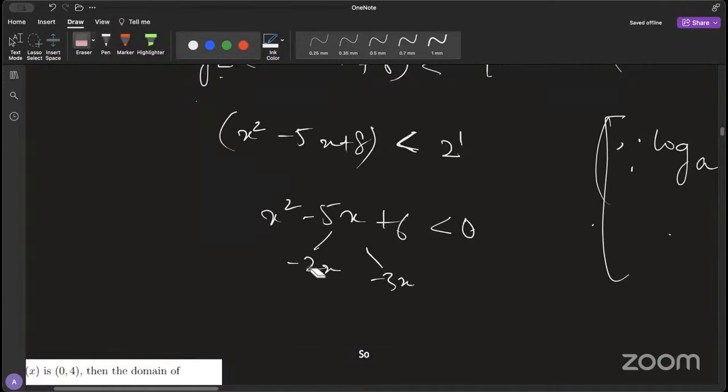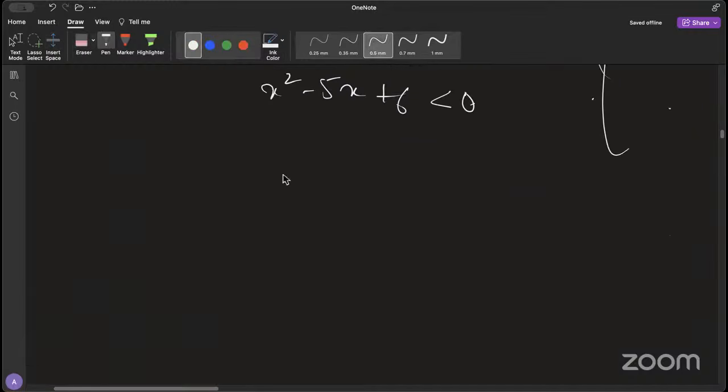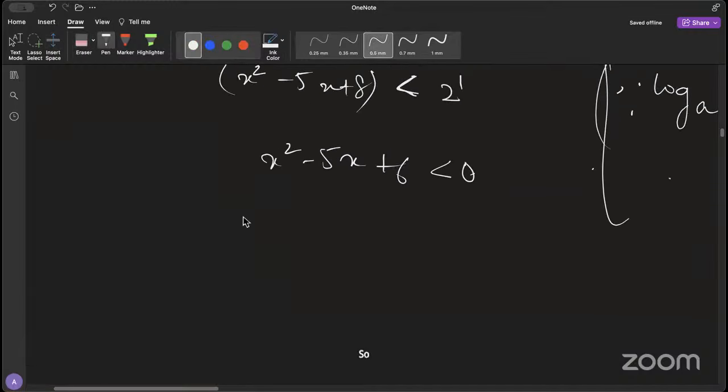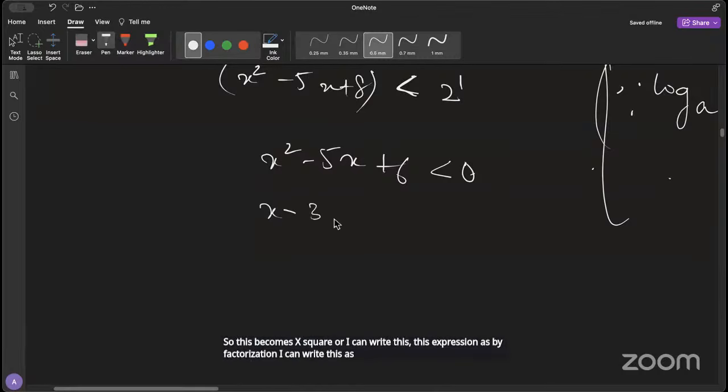So we'll have x minus 2 and x minus 3, right? So by factorization, I can write this expression as x minus 3 and x minus 2.